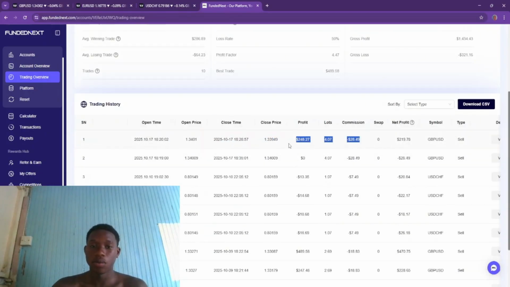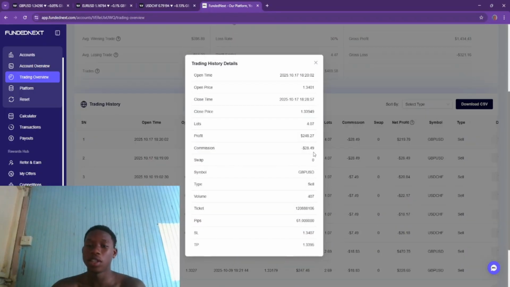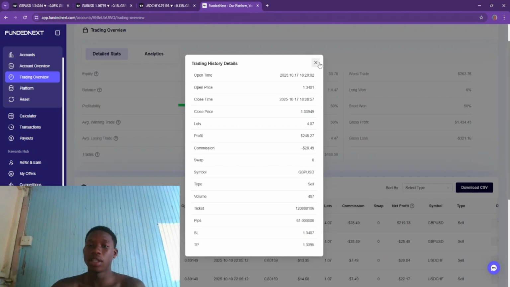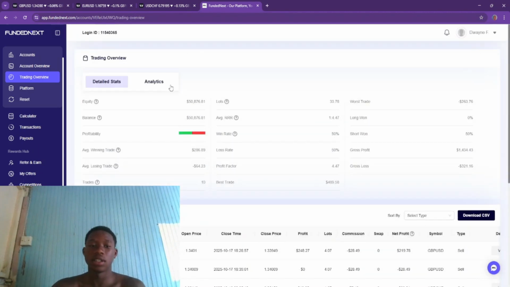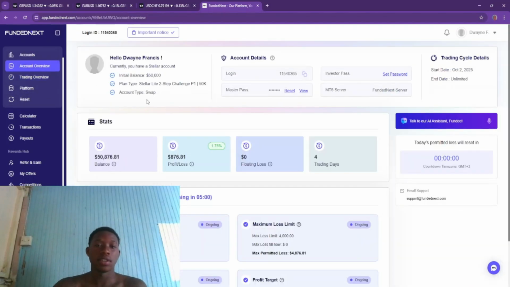Today, which is the 17th, as we can see, $248, 4 lots and 7. You get the point. That's the trade for the day. That's it right there. Analytics. Well, you don't need to check the analytics, but yeah, that's it. So we're up $876 on the account.